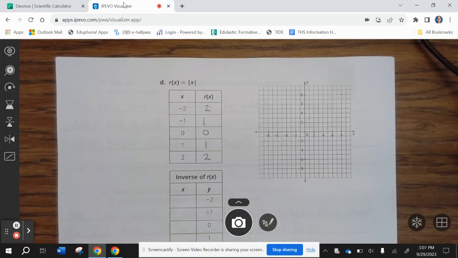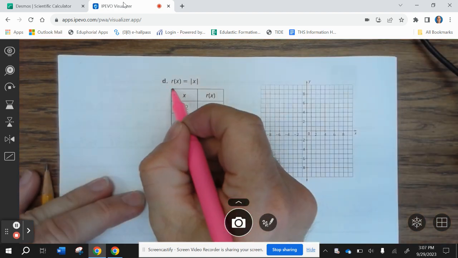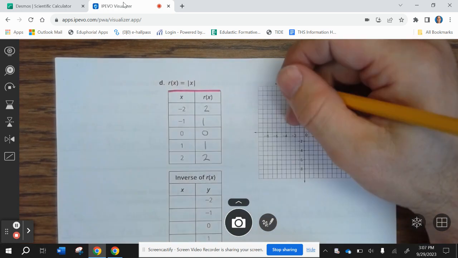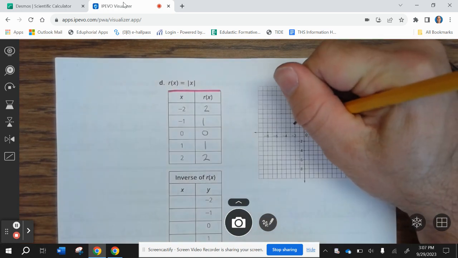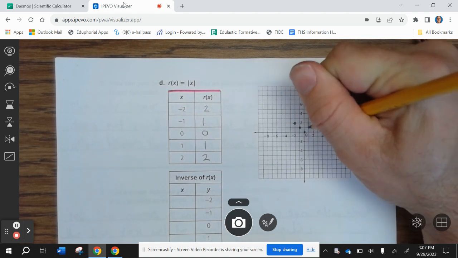Okay. So, and we're going to graph this in pink. So negative 2, 2, negative 1, 1, 0, 0, 1, 1, 2, 2.